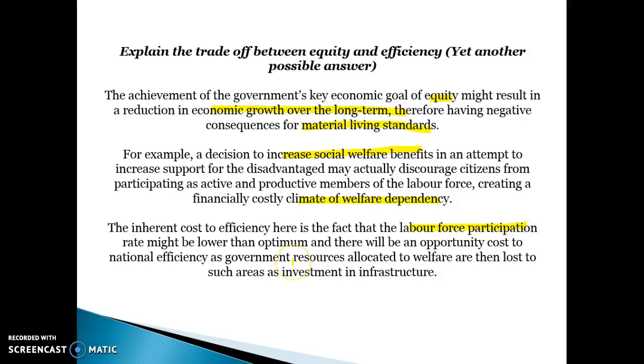It may lead to higher prices, less competition for jobs, and therefore less international competitiveness, hurting efficiency. It means that more resources might be allocated to welfare instead of being spent on infrastructure and education as well. So if we promote too much equity, that can lead to people relying on welfare, too much money from the government is spent in those areas, and that can hurt the economy as well.